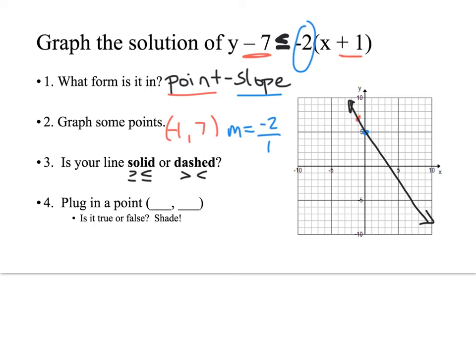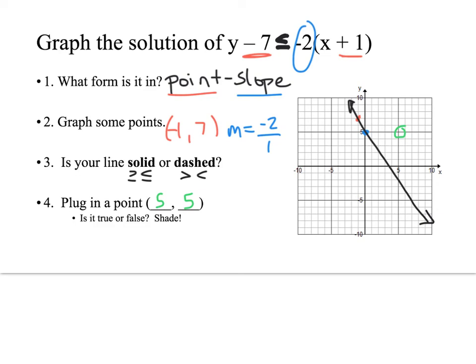Now again, the easiest point to use is probably 0, 0 every time. But just to show you that we can pick any point anywhere, I'm going to go ahead and pick a different point. Make sure it's obviously on one side or the other of the line. So let's say I want to check this point right here, 5, 5. I'm going to put a 5 in for x and a 5 in for y.